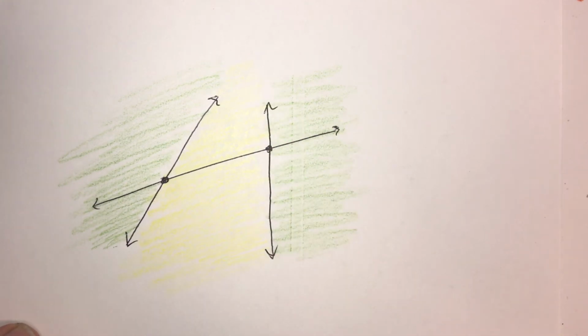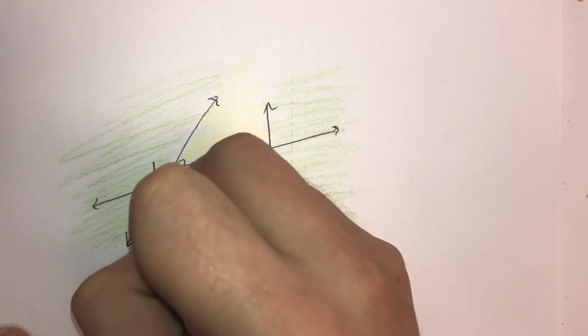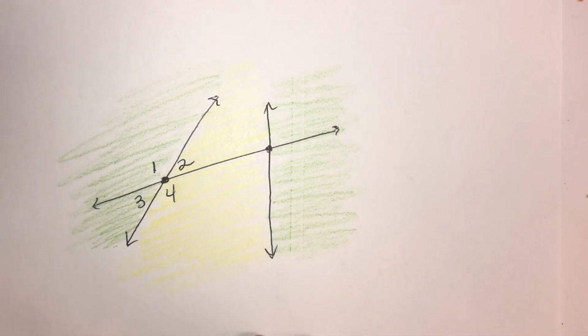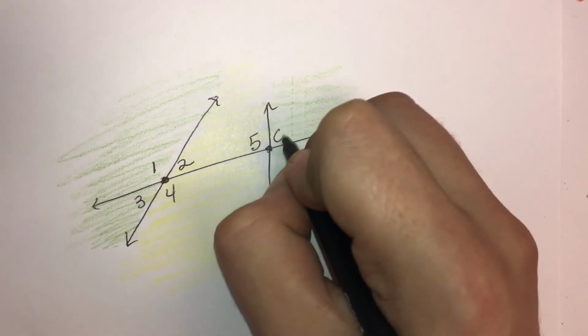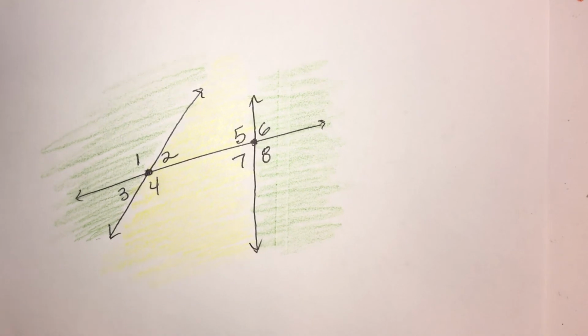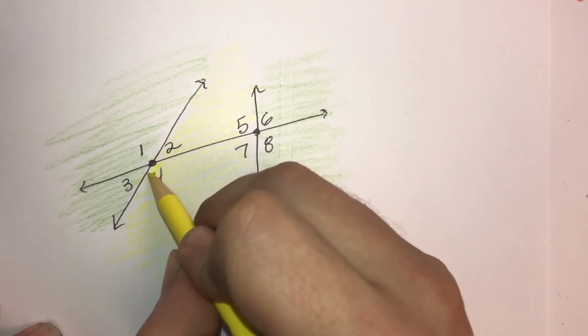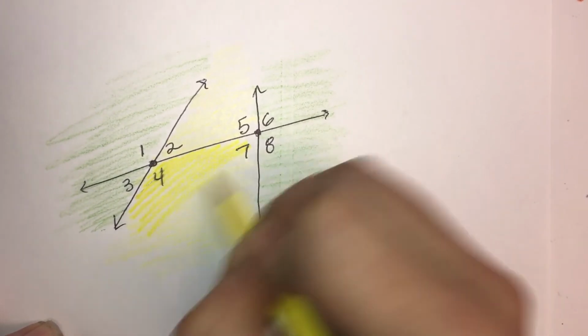Okay. So let's go ahead and label these angles 1, 2, 3, and 4. And why not 5, 6, 7, and 8? We're not so much concerned with what number is which. What we are concerned with is where they're oriented.